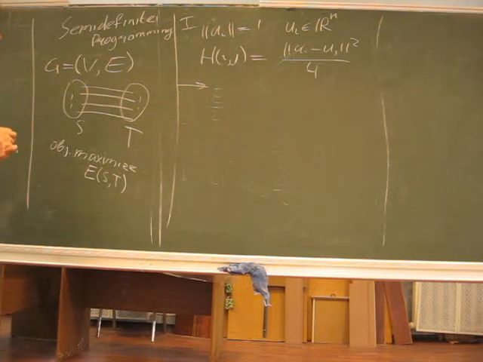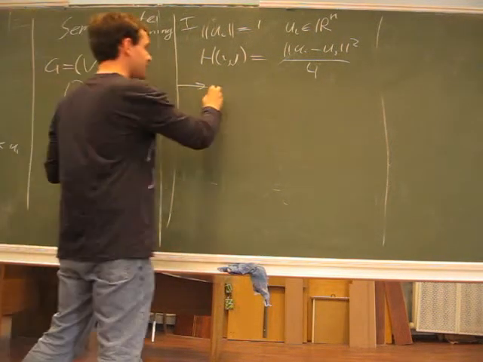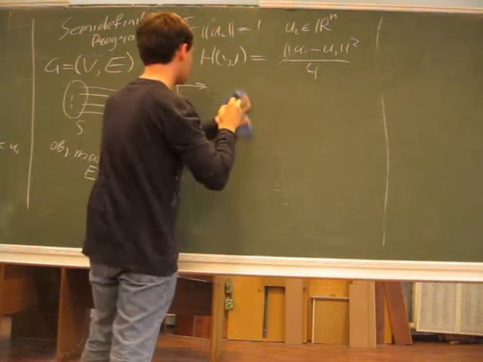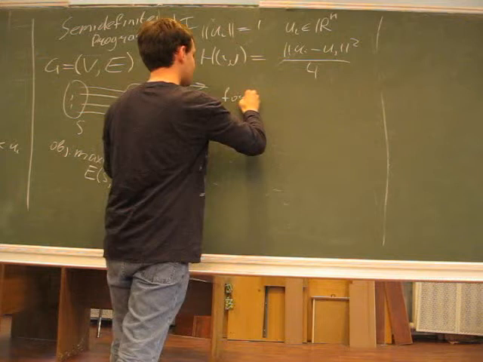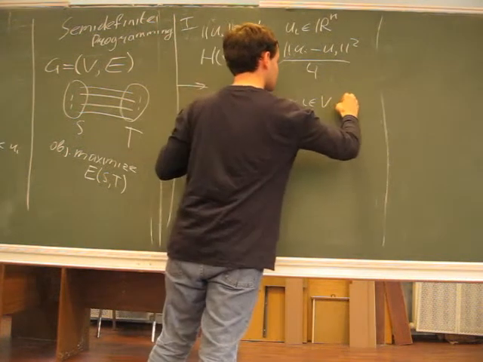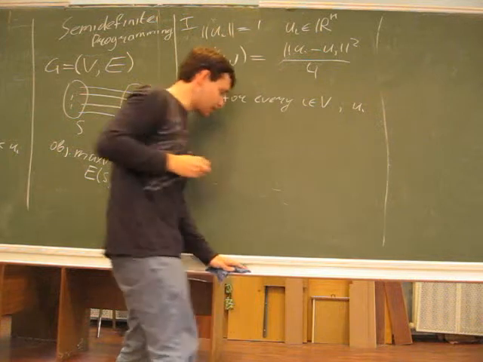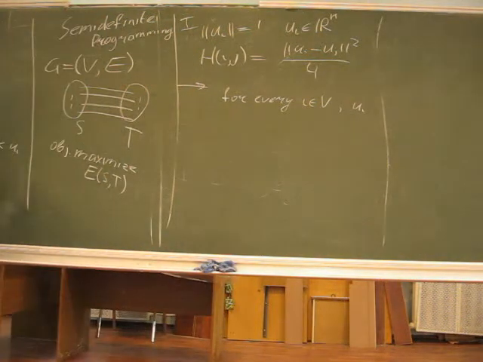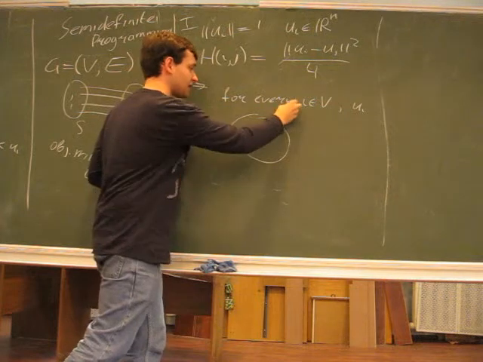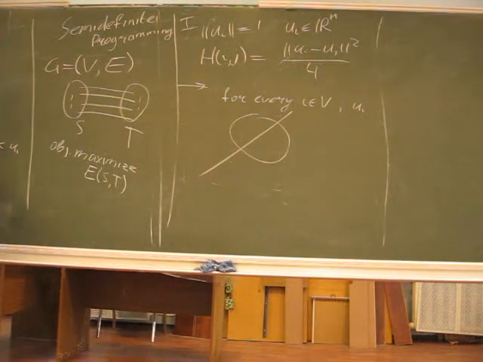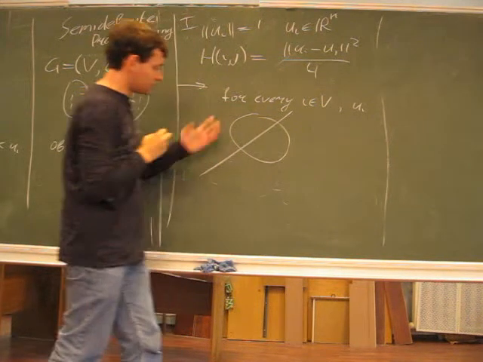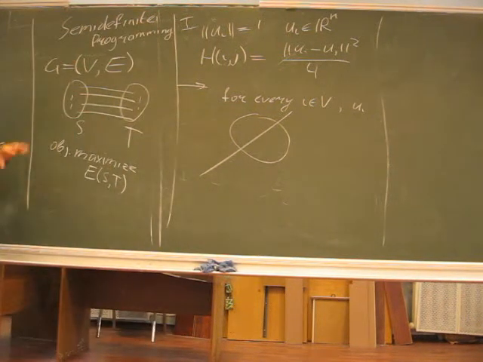So now we solve this problem. We get our vector ui for every vertex i. And now we want to produce a good cut. What we do is very simple. We consider our sphere. We take a random n-1 dimensional hyperplane, and this hyperplane divides the space into 2 half spaces.